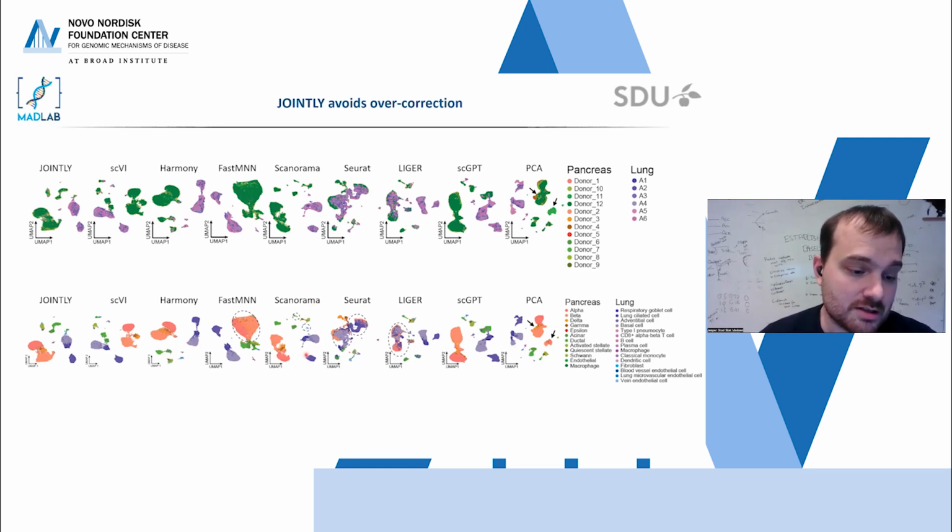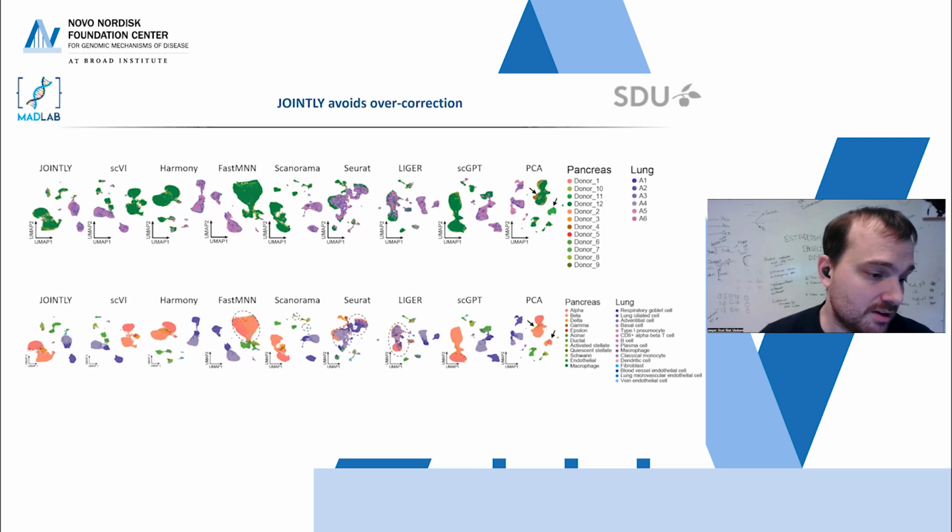Scanorama does a very good job. It actually nicely separates the two tissues, and it also has decent power to separate cells. fastMNN also has a good separation between tissues, but it lacks the power to resolve individual cell types in each tissue.